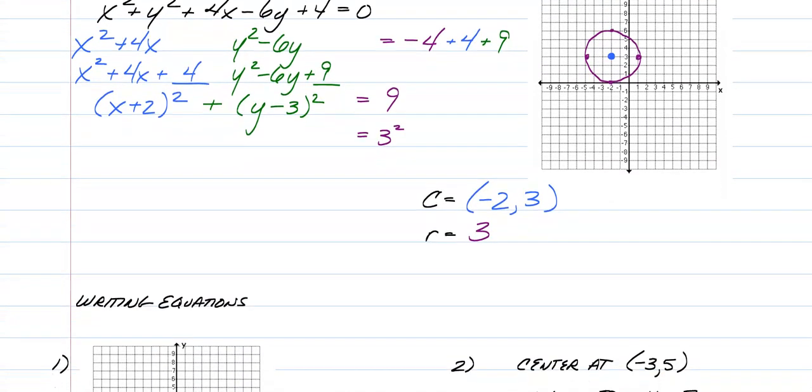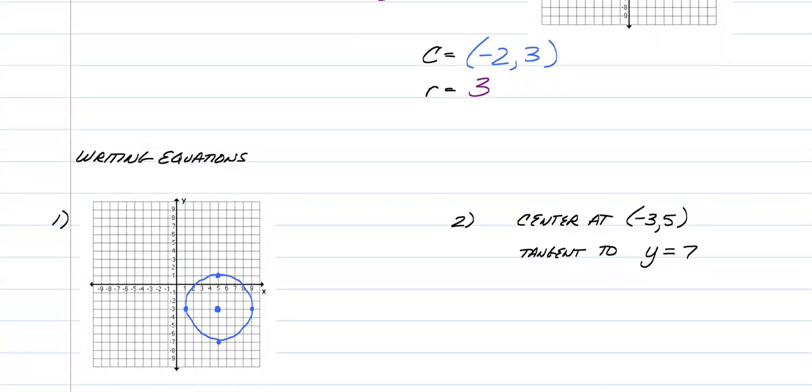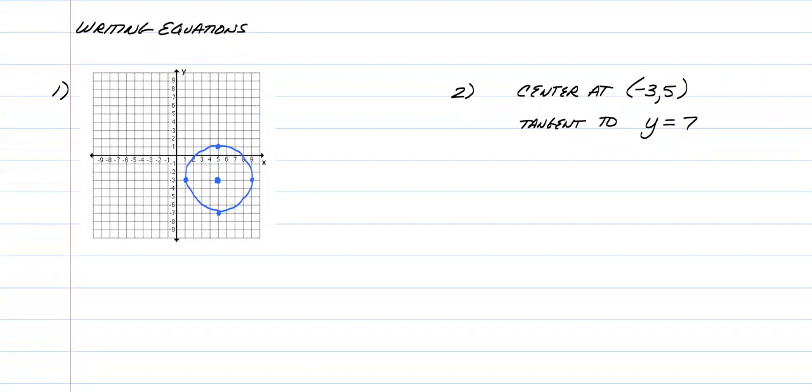Now you can also work backwards. You can write equations from a graph or given information. So here are two different examples. The first one should be really easy if you understand how you just graphed that last circle. Basically all you need to know is your center and your radius, which you have, and then you just plug it into the equation.